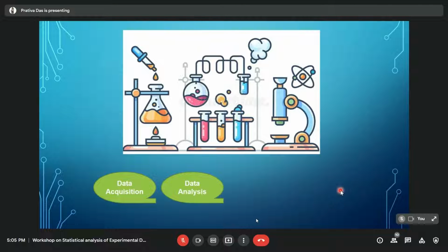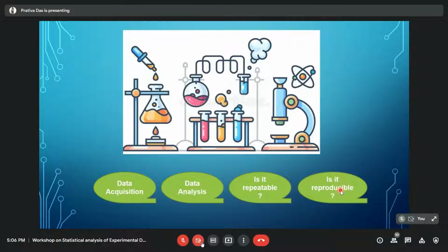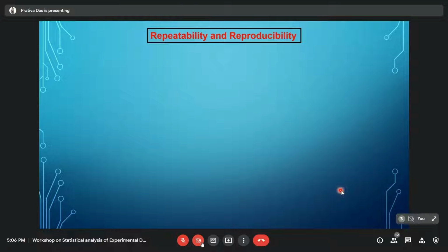Later on, we do some analysis of the data to have some observations about the data. The next thing is that we need to validate the data. How to validate the data? For that, we need to see if the data is repeatable or not, and if it is reproducible or not. So I'm talking about this repeatability and reproducibility from the beginning.